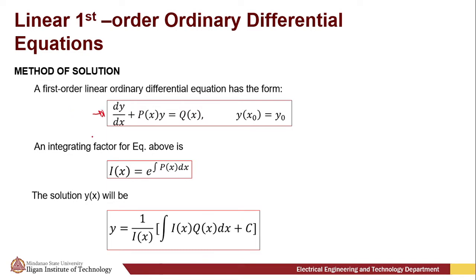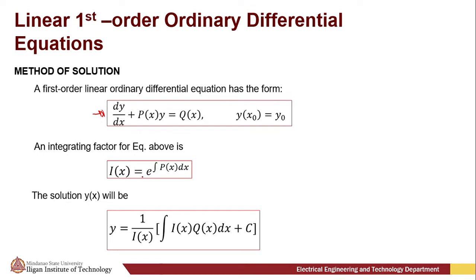The method of finding the solution of a first-order linear ODE is to find the integrating factor I of x. The integrating factor I of x is just equal to e raised to the integral of p of x dx.